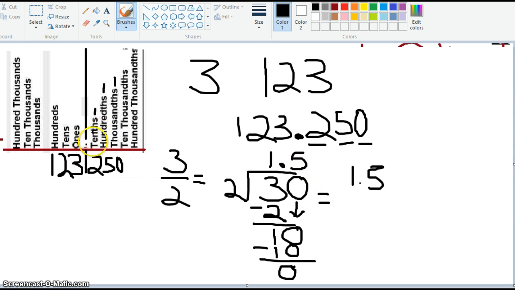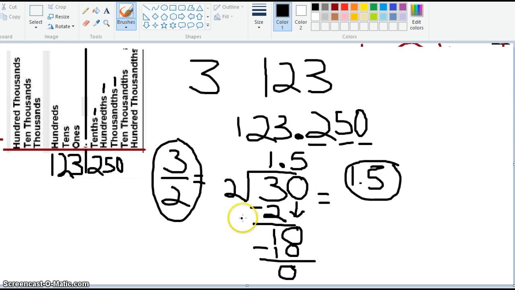If I look at my place value, the first value after the decimal point is tenths. So this answer would be 1.5, with the 5 in the tenths place. So when I say 3 halves is equal to 1.5, basically, whenever you are converting a fraction into a decimal, all you're really doing is dividing the bottom into the top.